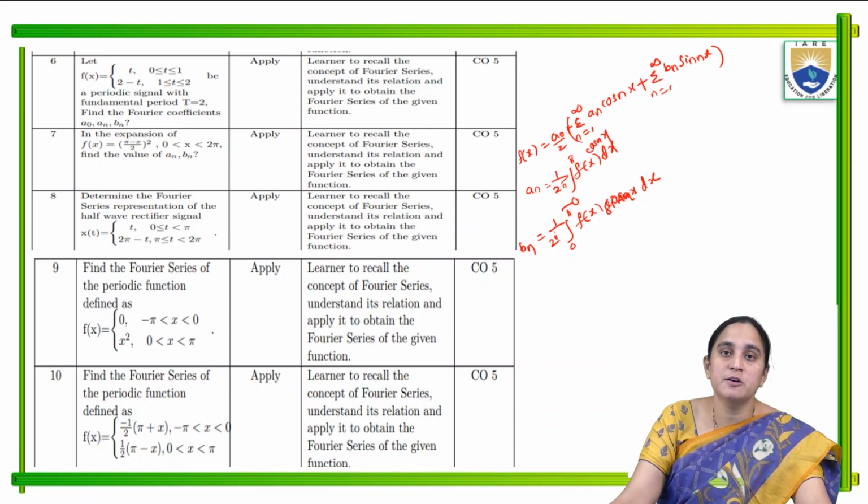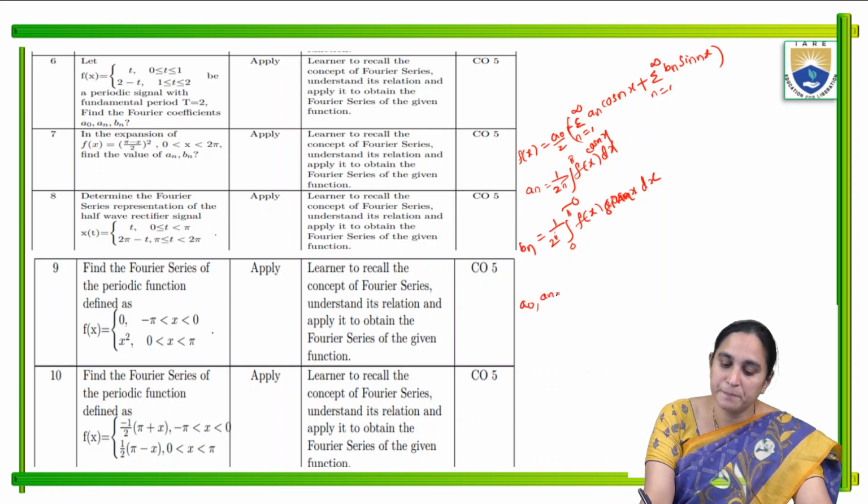If you observe the limit points, within minus pi to pi, in that case we have to first of all verify whether the given function is even or odd. If you verify even or odd, in that case we can easily get the Fourier series. If the function is neither even nor odd, then we have to find a naught, an, bn.